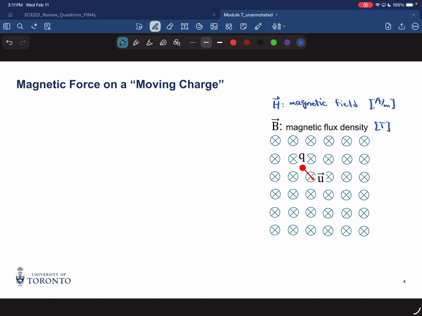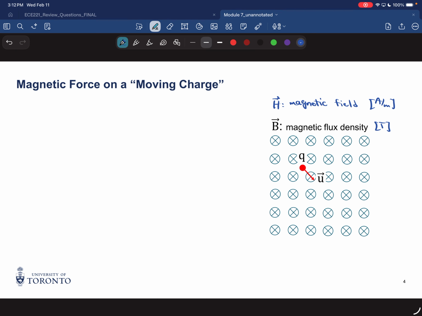Okay, so here we have a magnetic flux density that exists in space at some point, and then we have a point charge, Q, that is moving with the velocity U. Velocity vector U shows the direction that this Q is moving and the speed it's moving with.